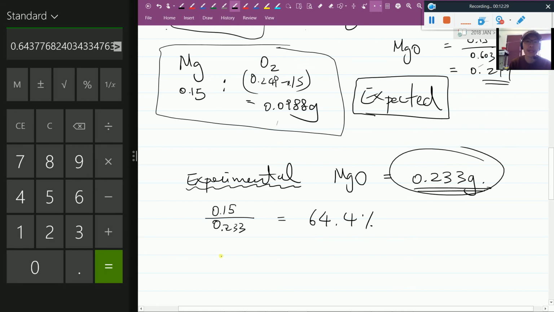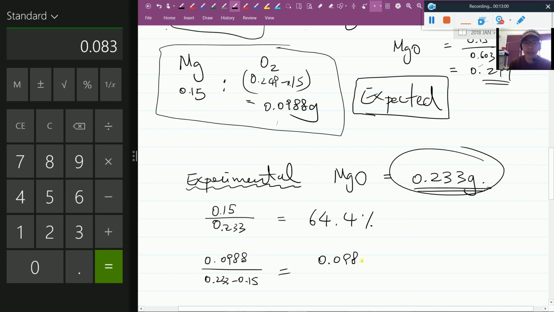Then what is your percentage of oxygen? The percentage of oxygen will be 0.0988 out of 0.233 minus 0.15. 0.233 minus 0.15 is equal to 0.083.